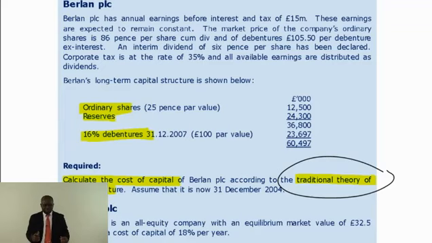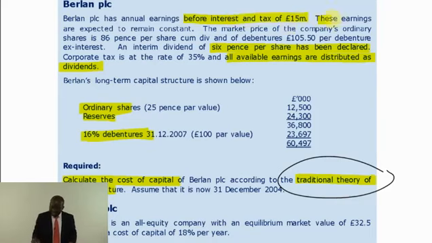If you look at this question, they've given me the current dividend that is currently declared as 6 pence. But the question is telling me that all available earnings are distributed as dividend. And the question is also telling me the company has got profit before interest and tax of 15 million. These earnings are expected to remain constant.